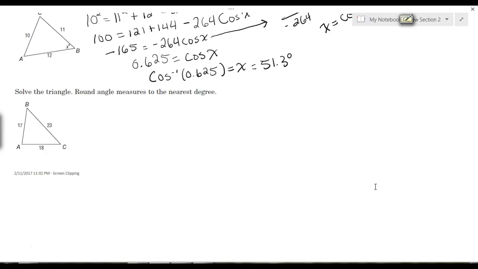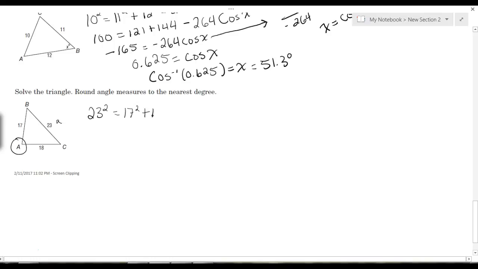So let's solve for angle A. So then this is side A. So 23 squared equals 17 squared plus 18 squared minus 2 times 17 times 18 times the cosine of A that we're looking for.